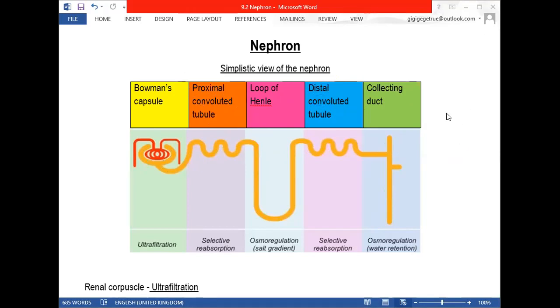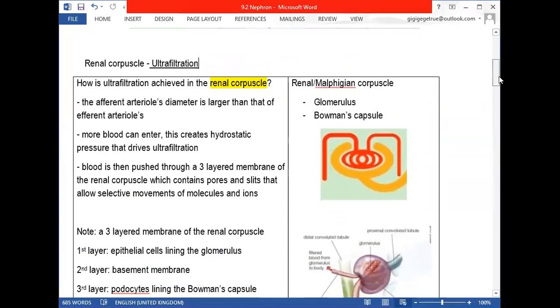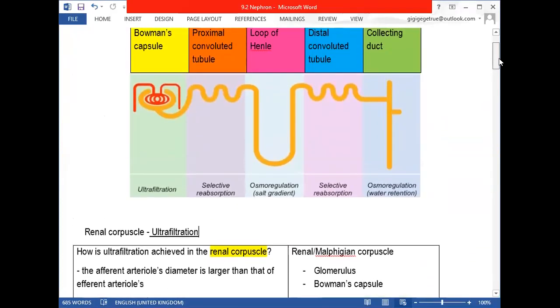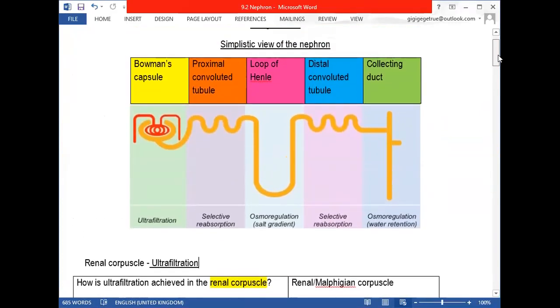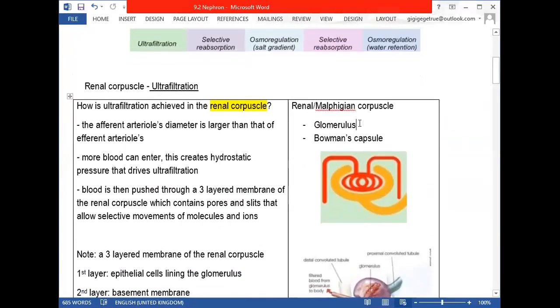Let's take a look at ultrafiltration. Before that, I need to let you know the glomerulus, which is the one in red here, and the Bowman's capsule, which is the one in orange here.